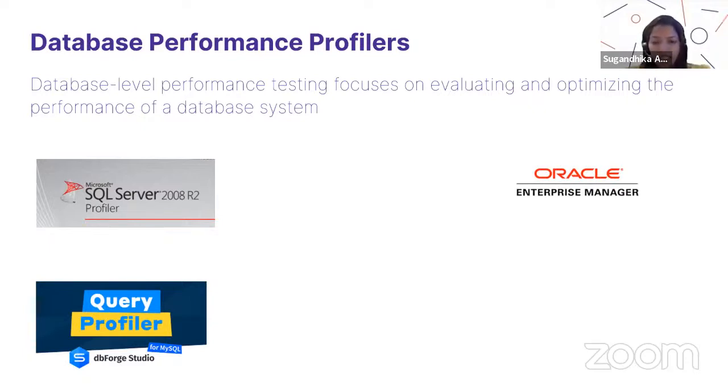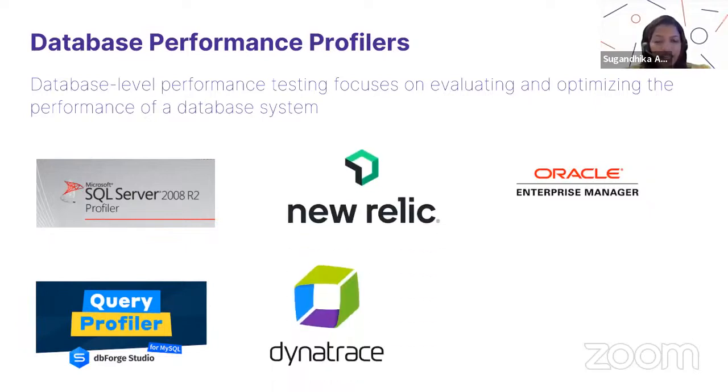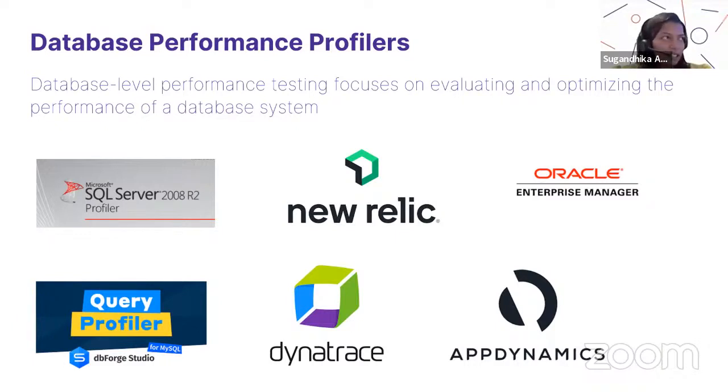Other than that, we can use third-party tools like New Relic, Dynatrace, and AppDynamics, and they will also give you good insight into database level performance. Right, so those are the things that I would like to discuss as strategies of early performance testing.